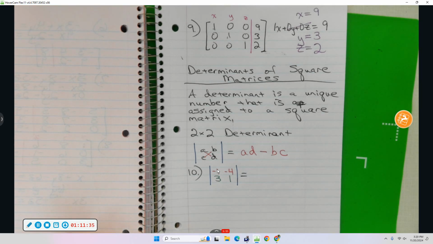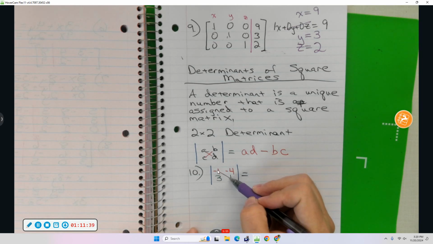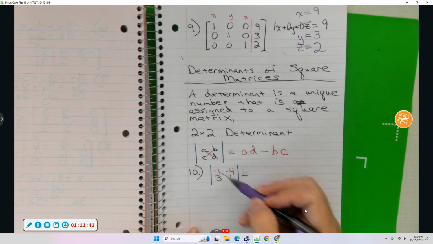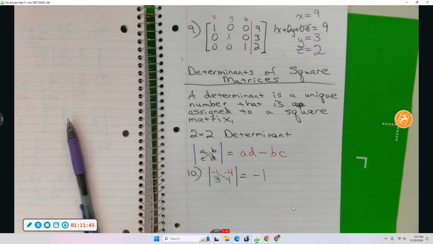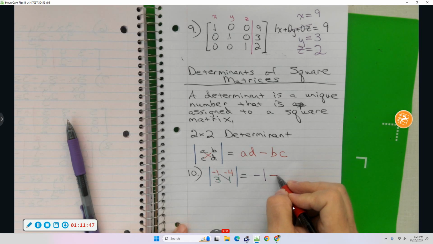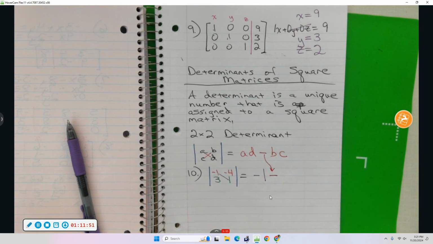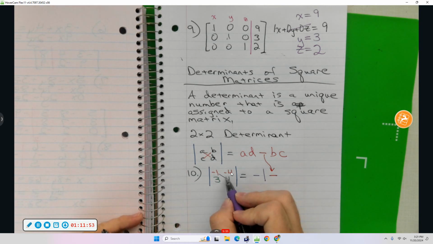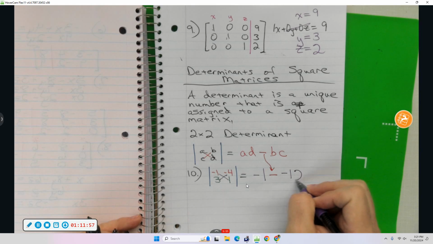So, here we go. We start at the upper left-hand corner, multiply down the diagonal. -1 times 1 is a -1. Minus, this minus is from the formula there. Then, -4 times 3 is -12.